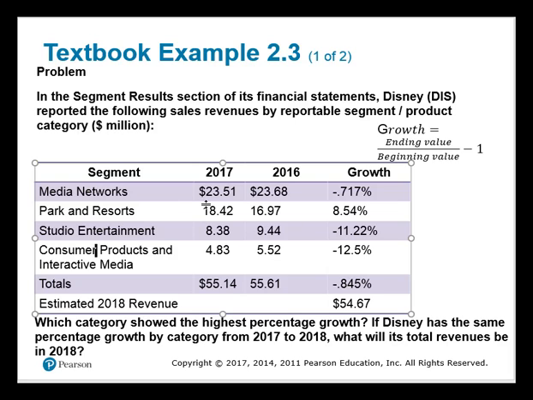On the other hand, we have this 23 million. We actually lost revenue on media networks, the biggest component. What Disney would like to do, obviously, is find out what's going on in these areas, but increasing these smaller areas by 1 million, although it would reduce the negative, is not going to have a tremendous impact on the total revenue of the company.